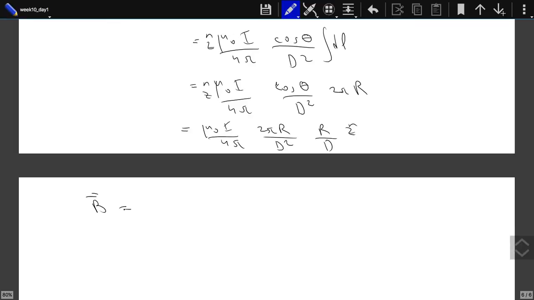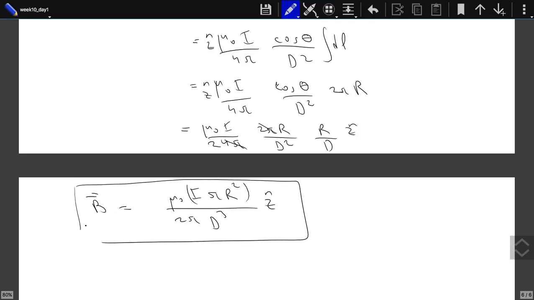The total magnetic induction of this ring along its axis is just, let's cancel these 2 pi's, 2 mu 0 I pi r squared divided by 2 pi d cubed in the z direction. Well, I didn't cancel these pi's.